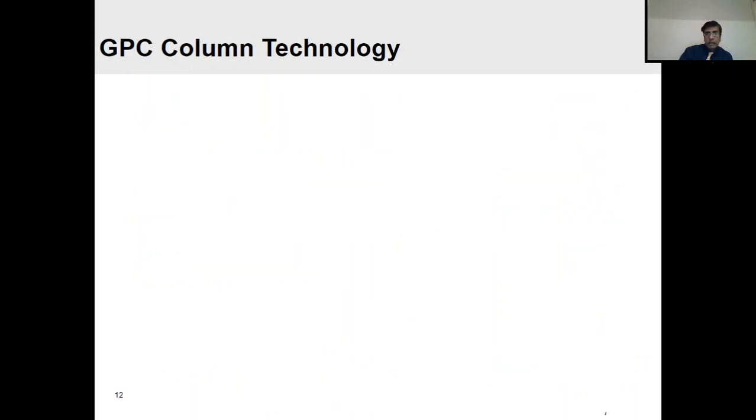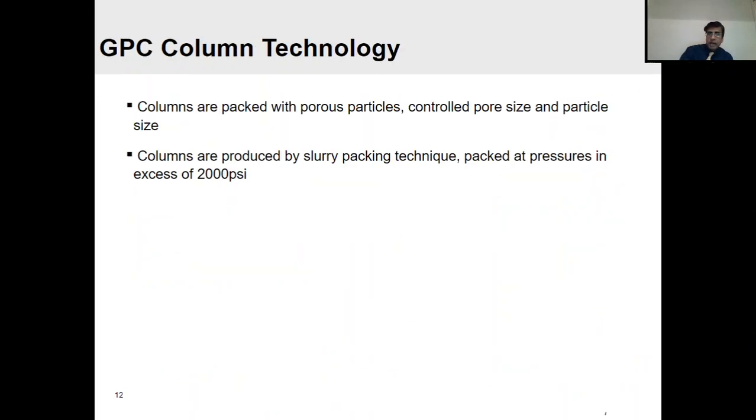Whenever GPC is used, we always require the column to be packed with some material, which is called the packing material, and packing materials are usually a porous particle, a cross-linked bead, and those pores should not interact with the solvent which we are using to dissolve the polymer.